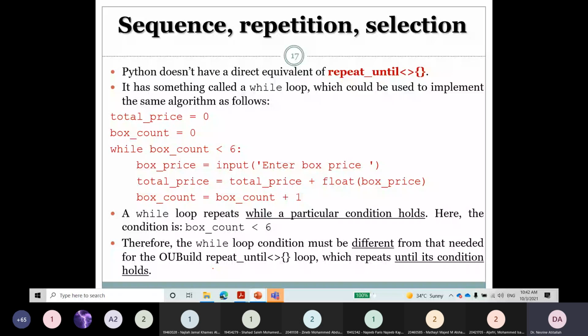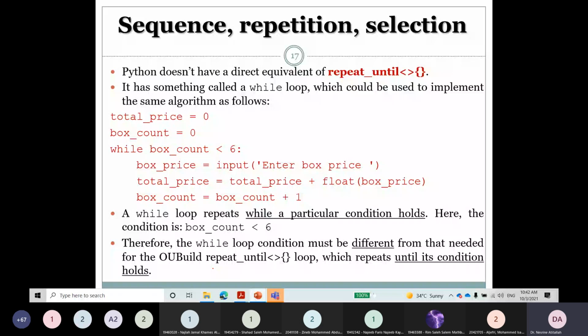While box count is lower than 6, I will ask you to give me the box price, and I will calculate the total price by adding the box price to the existing total price, and I will increment the box count by 1. So the while loop repeats while a particular condition holds.